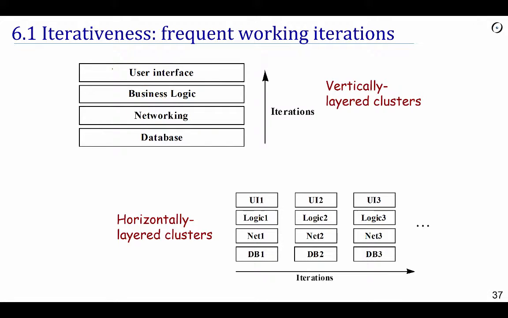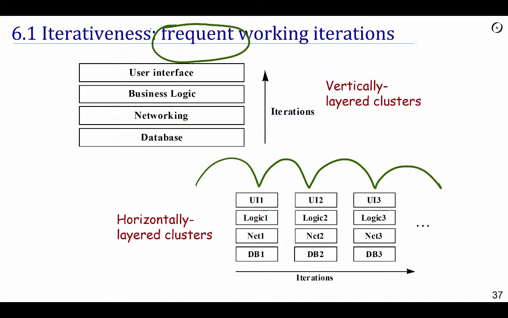Instead, we are talking about iterations that each produce a working system, and particularly we're talking about frequent iterations. But each one of these iterations is going to have, maybe in a miniature form, the entire system.